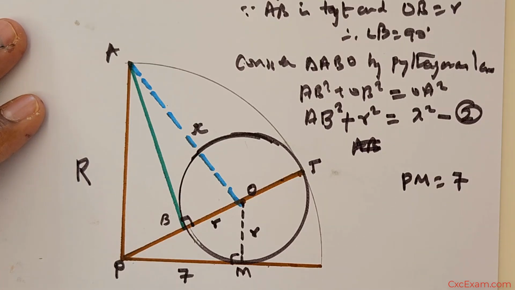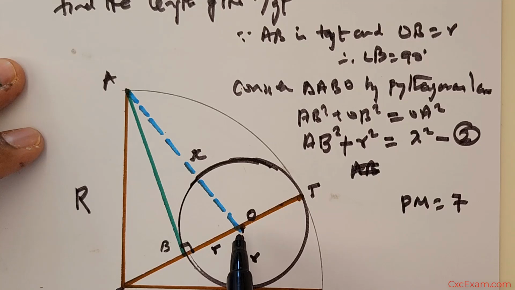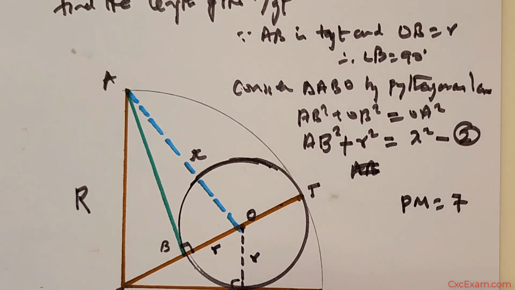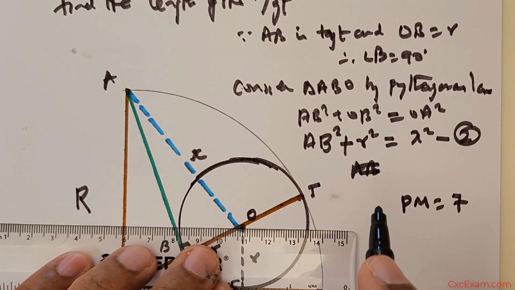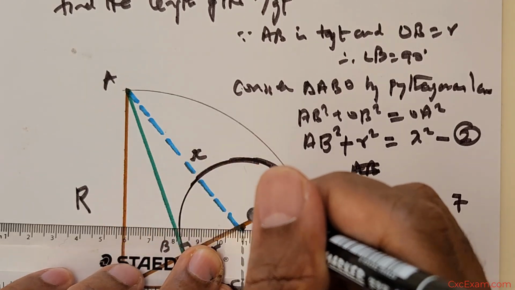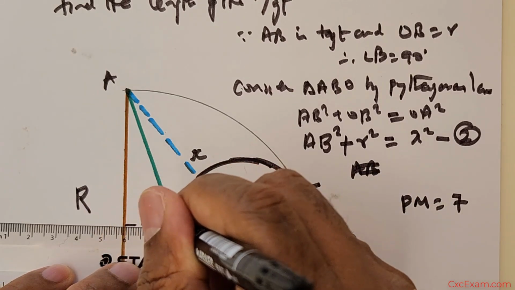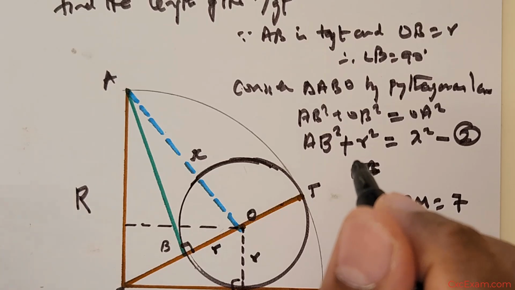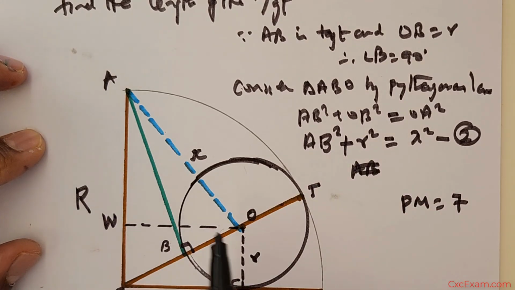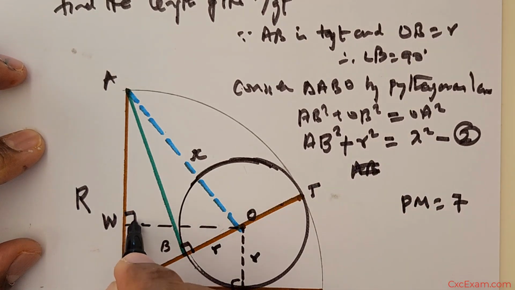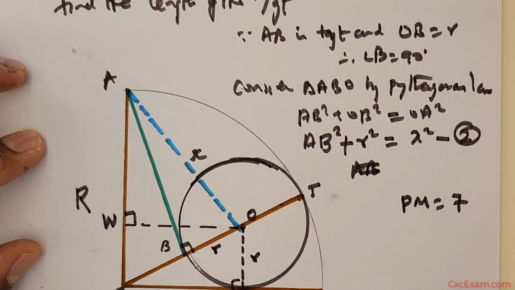Okay, that's fair enough. Now what I would do next is I will drop a perpendicular from O to AB. So I will draw this from O to AB. I will take that point as some W. Now this is clearly 90 degrees, right?